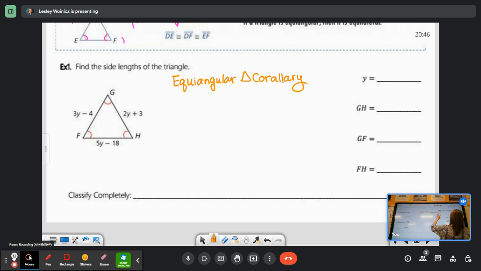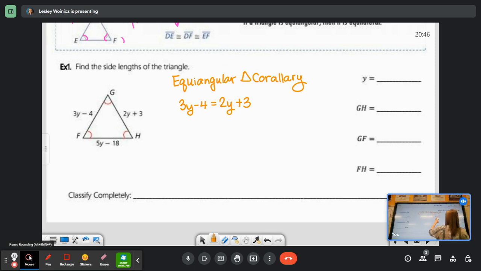So I know that 3y minus 4 has to equal 2y plus 3. I can pick any 2 I want. I just need 2.